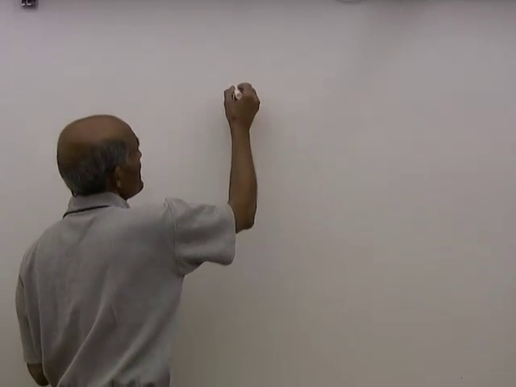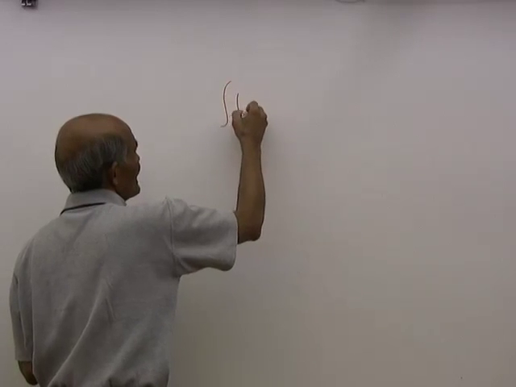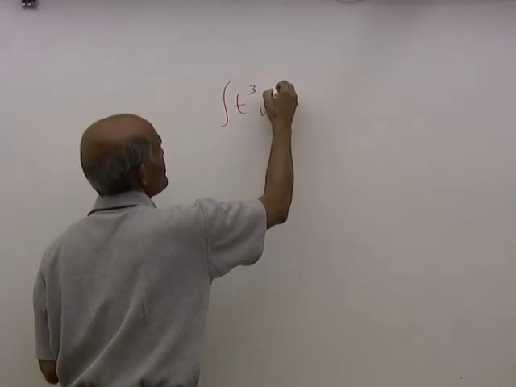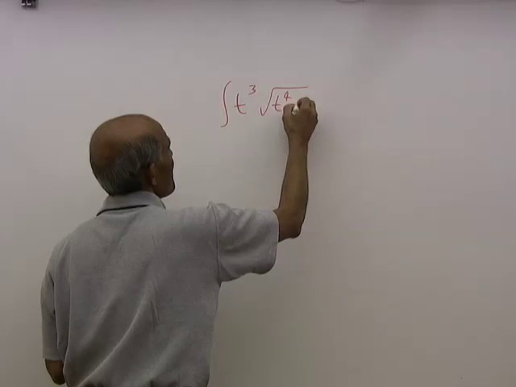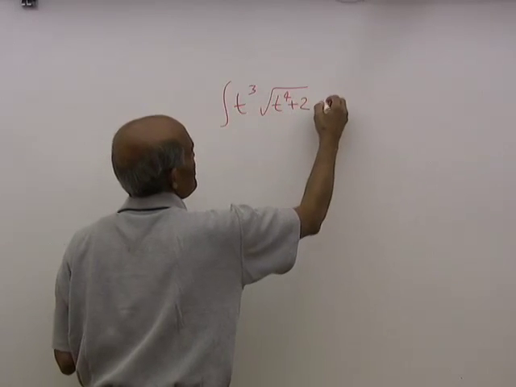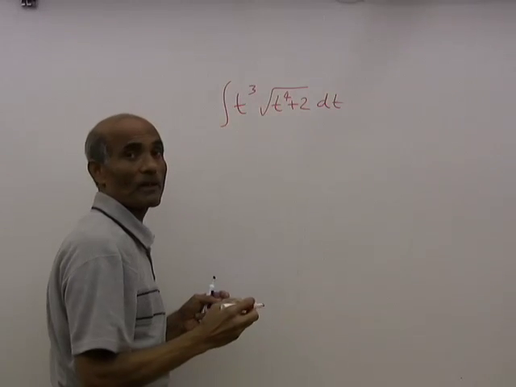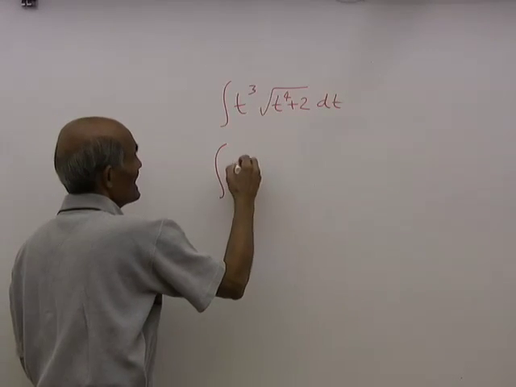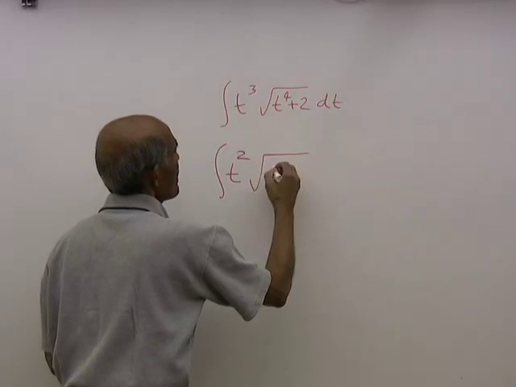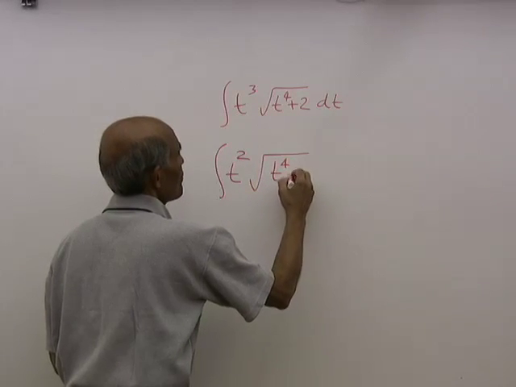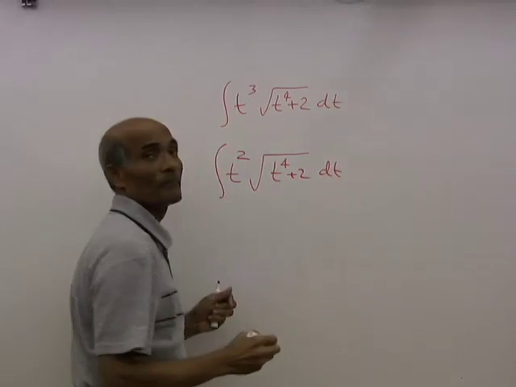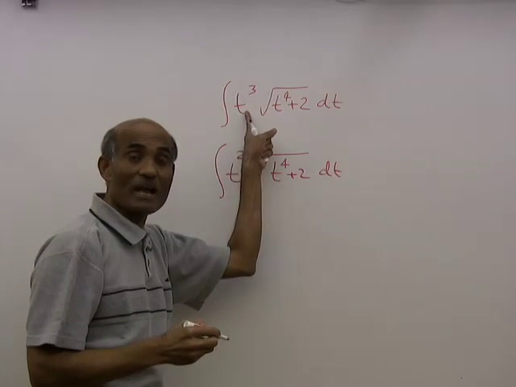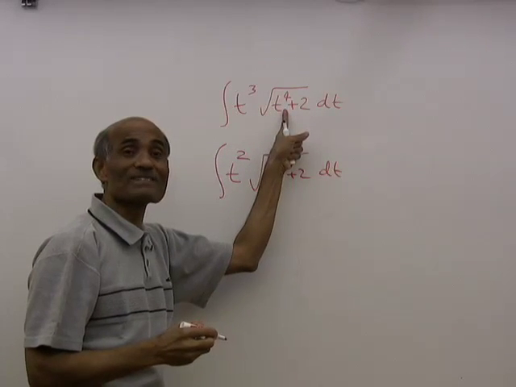Now let's discuss a bit about the last problem we did. The last problem we did is this: integral t cubed square root of t to the power of 4 plus 2 dt. Now, is it possible to do something like this? Integral t squared square root of t to the power of 4 plus 2 dt. While the first can be done with an appropriate substitution.